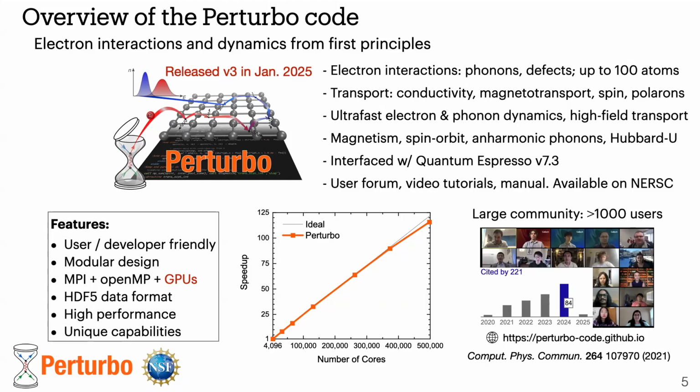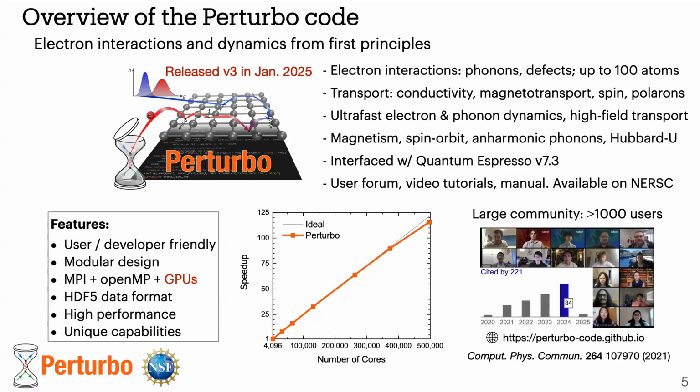We will talk about ultra-fast dynamics, where primarily the current version of the code can model the non-equilibrium electronic dynamics in response to a pulse, as well as model the electron dynamics under an applied electric field. These calculations can now be done in a wide range of systems. Besides simple materials, we can also model materials with magnetism, spin-orbit coupling, and harmonic phonons, as well as electronic correlations treated within DFT plus U.